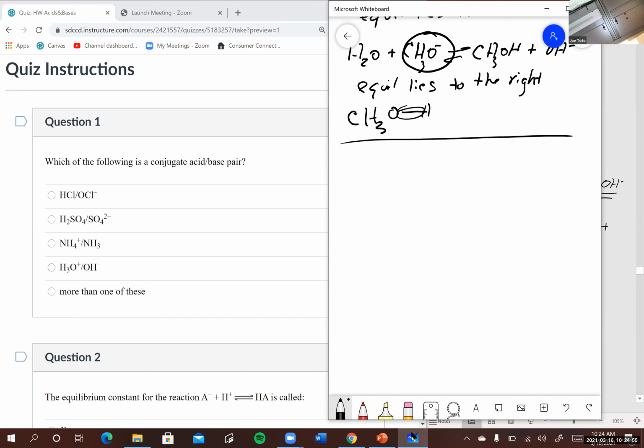So that first example is not going to be an example of a conjugate acid-base pair because it doesn't differ by just 1 proton. The same with the second. That differs by 2 protons. The third one, yes, that differs by 1 proton.